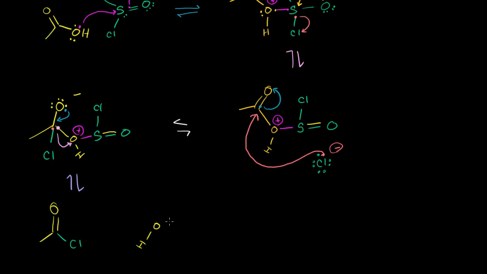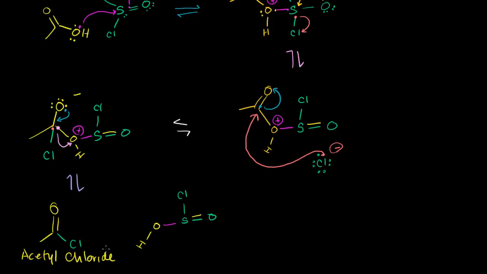And it is bonded to this sulfur. The sulfur is in green. It's bonded to the sulfur, which is bonded to a chlorine, and then it has a double bond to this oxygen right over here. So we formed our acetyl chloride.